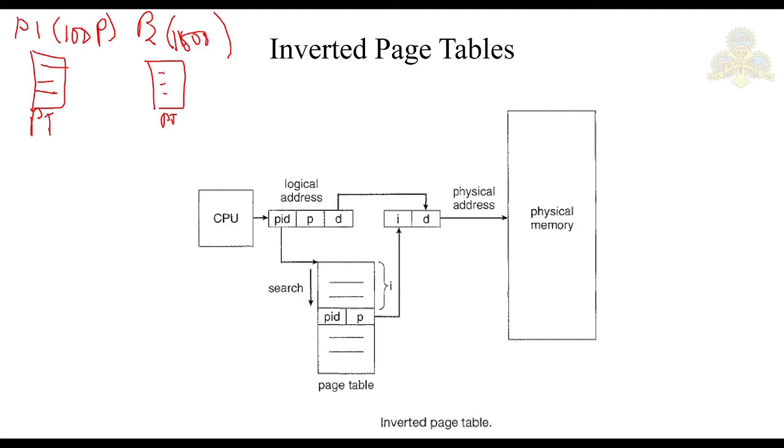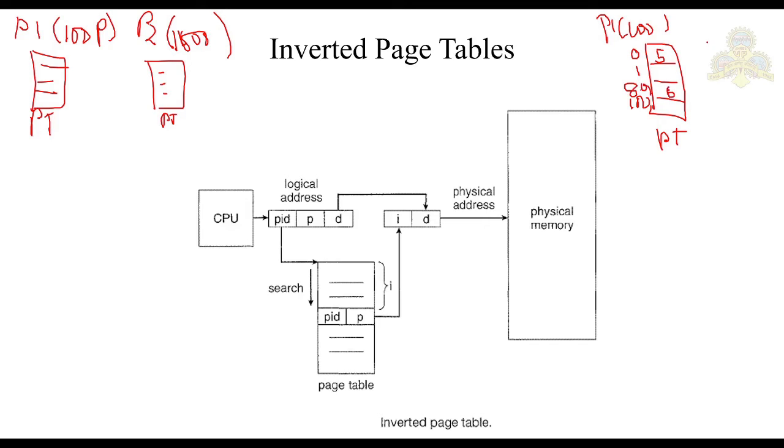Fine. So suppose we have process P1 which has 100 pages, and assume that in the main memory we have only 10 free frames. This is the page table of P1, with 100 entries, numbered 0, 1 and so on. Say the 0th page is in frame 5 and the 89th page is in frame 6.